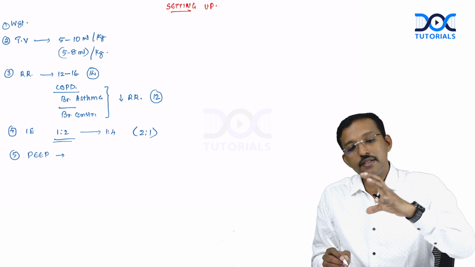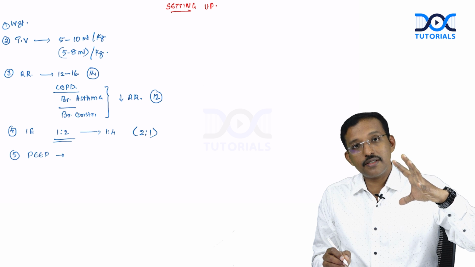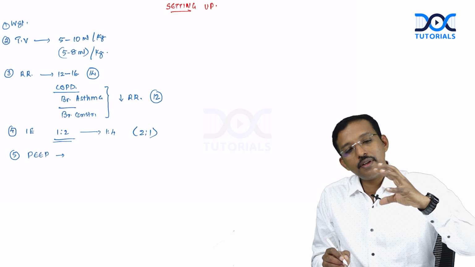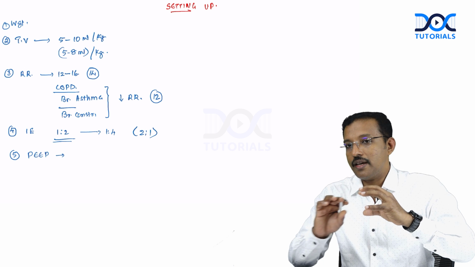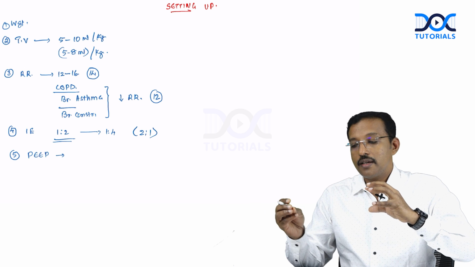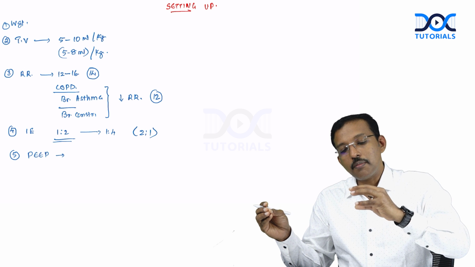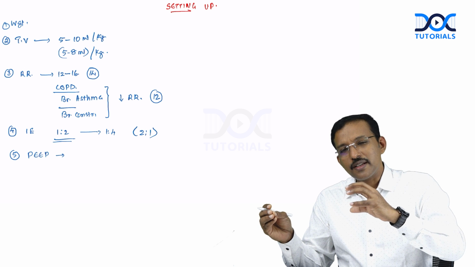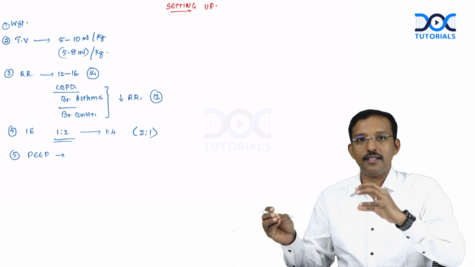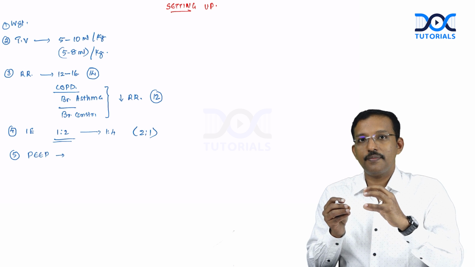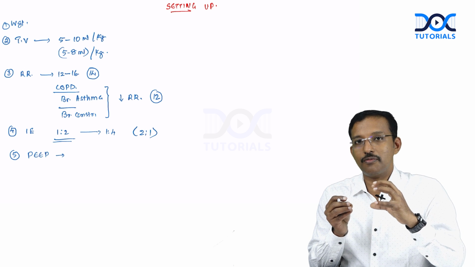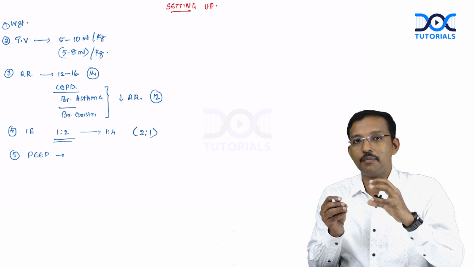In inspiration there should be a positive pressure, isn't it? Then during expiration the pressure has to come out, then only the air will go out. But even when the exhalation is going on, you don't completely empty the alveoli. There will be some amount of air left over, isn't it? This leftover air sets up a bit of pressure, which is called the end expiratory pressure.